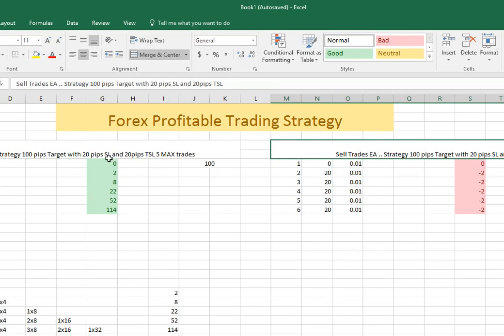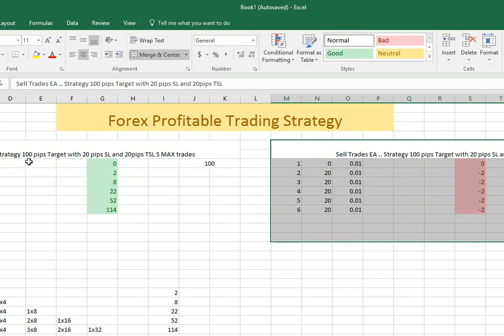Why are we doing this? Because if we started with a buy trade and the market started going down and down, what will happen is this EA will start placing 0.01 trades and closing at -2, -2, -2, -2, but the other EA, the sell one, will be doing this thing on the other side of the market.